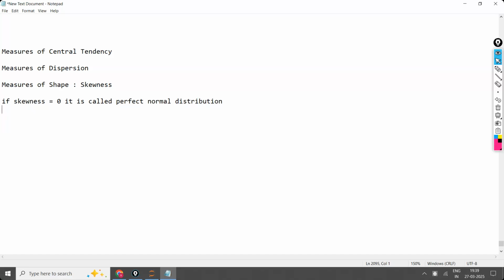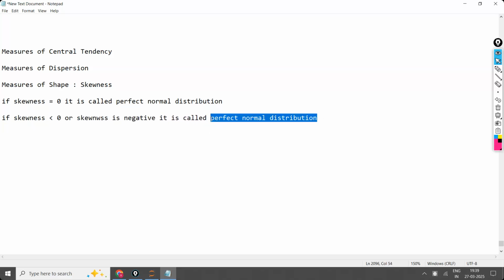If skewness is less than 0, simply put, a negative value, if the skewness value is negative, in that case it is called a left skewed distribution.